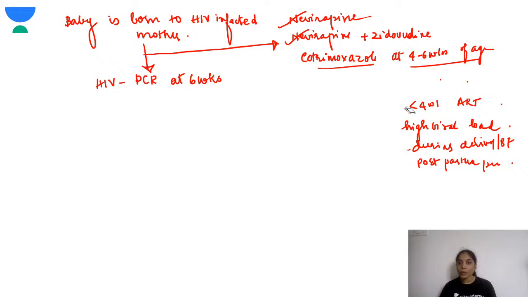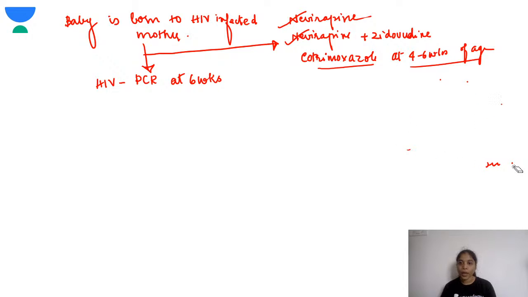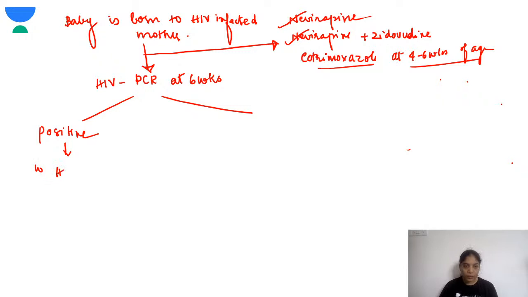Now you need to know, at 6 weeks you have done this HIV PCR, so you have to know whether it is positive or negative. If it is positive, you send a whole blood sample for another HIV PCR.